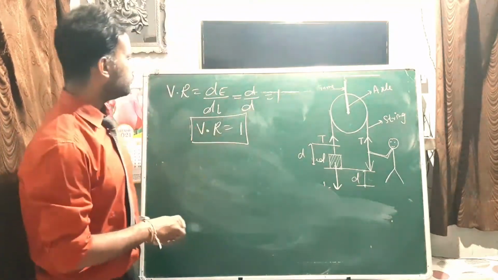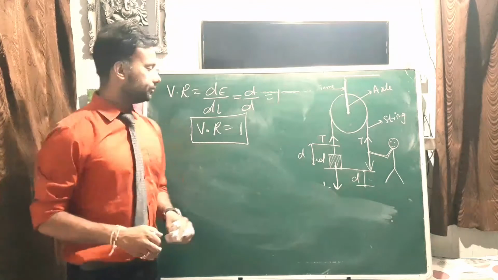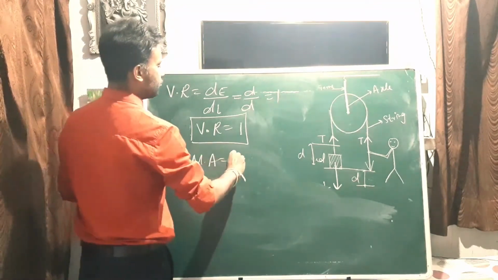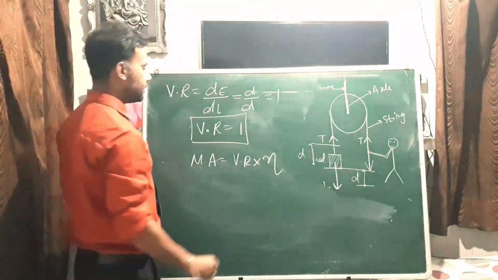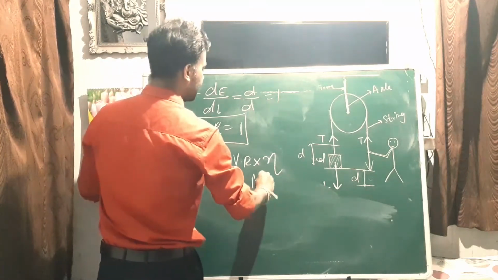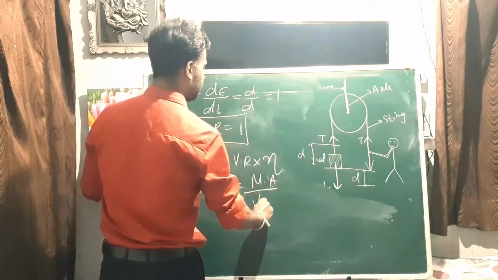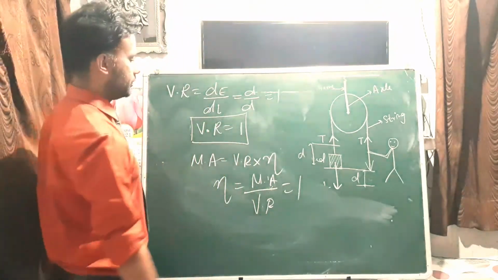So the velocity ratio of the single fixed pulley is also 1. Okay. Now what will be the efficiency? The mechanical advantage is equal to velocity ratio into efficiency, right? So efficiency is mechanical advantage upon VR, that is 1, or simply 100%.